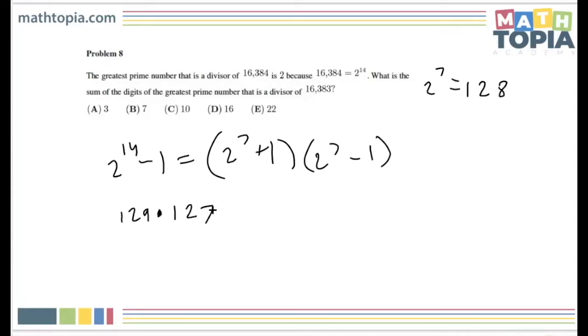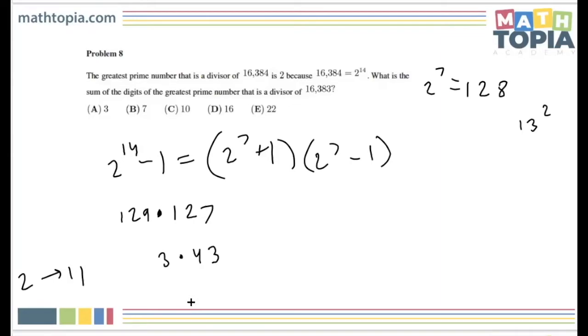And from here, we can fully factorize the number, because for 3-digit numbers, it's not too hard to check. Since both of these numbers are under 13 squared, we only need to check their divisibilities from 2 to 11. For 129, it's divisible by 3, and we get 3 times 43. And for 127, we check 2, doesn't divide it.